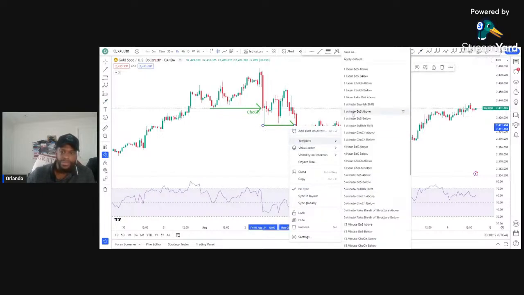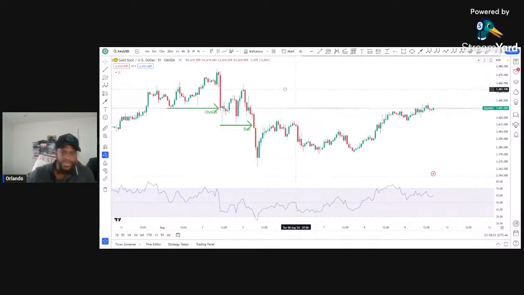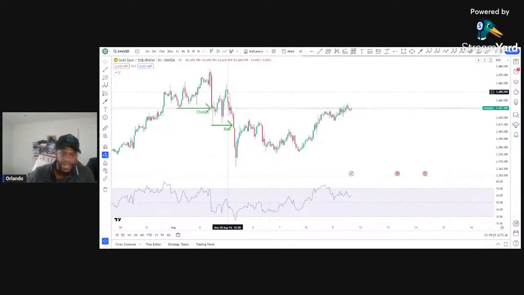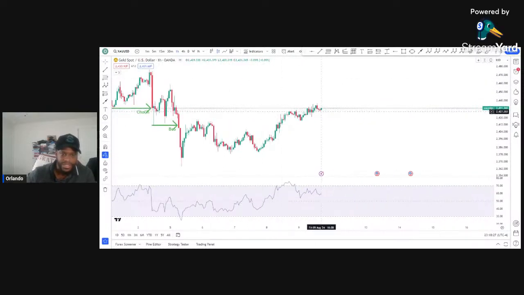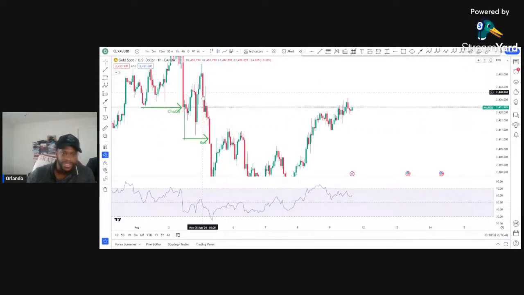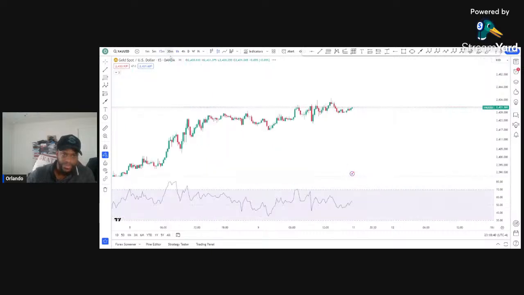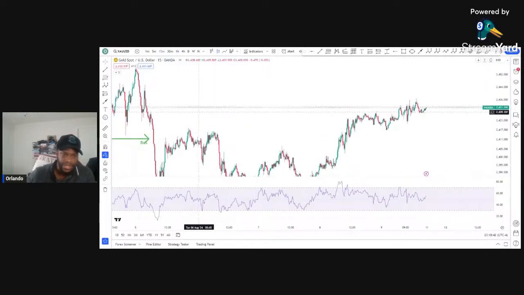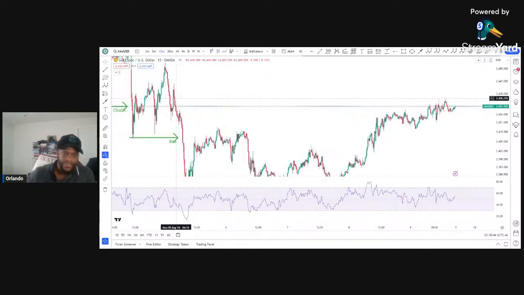So now what I'm looking forward towards is, okay, I can see this imbalance in between here. You can see it. You can see also how this is a distribution, redistribution that led to a break of structure below. You can see how the market has penetrated too deep for the redistribution.